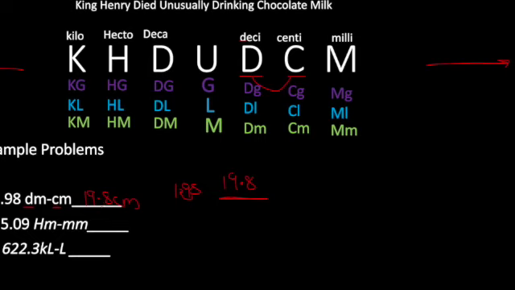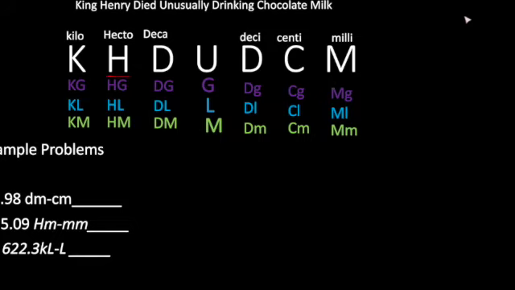Now for the next one, we have 675.09 hectometers to millimeters. Let's underline those, hecto and milli. Let's show our arrows again, this way and this way.